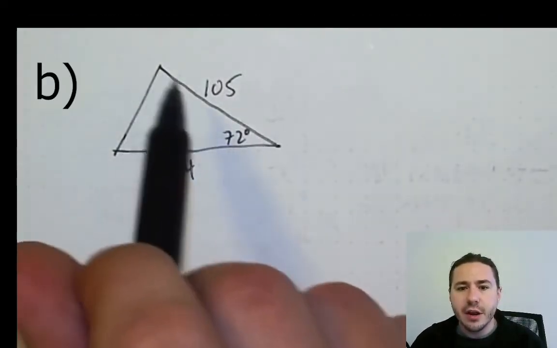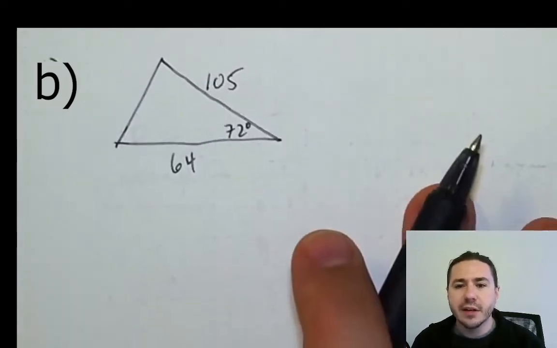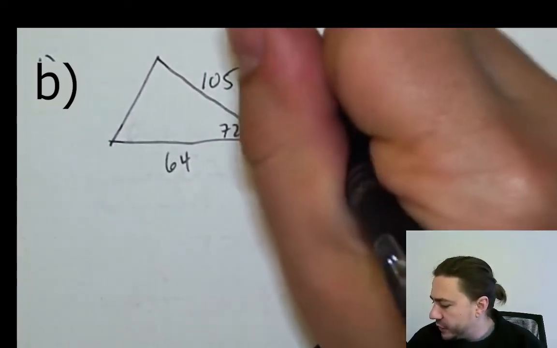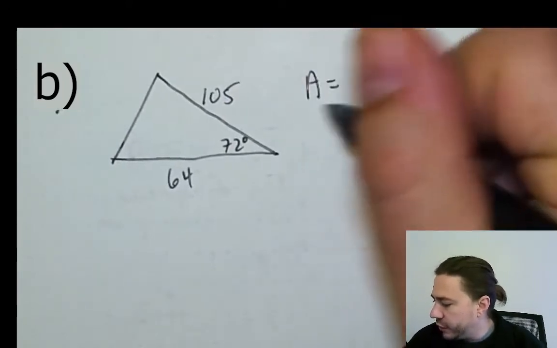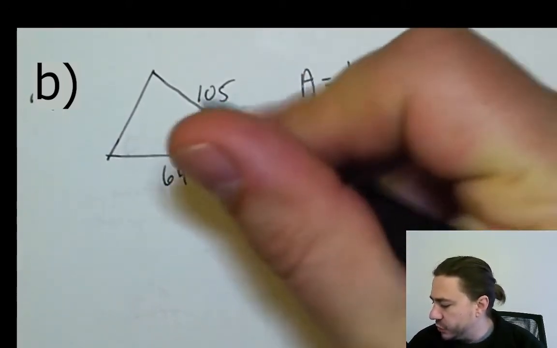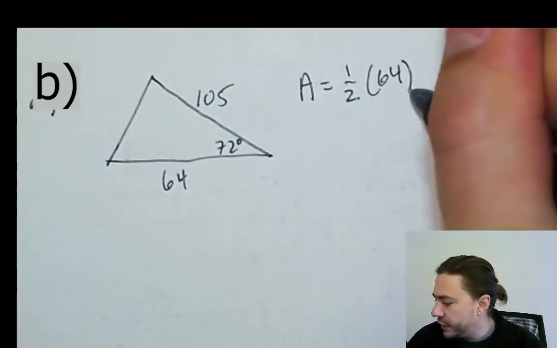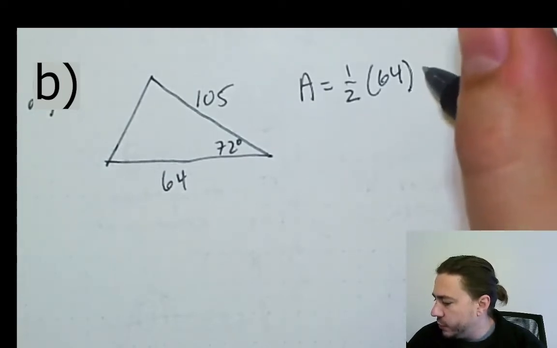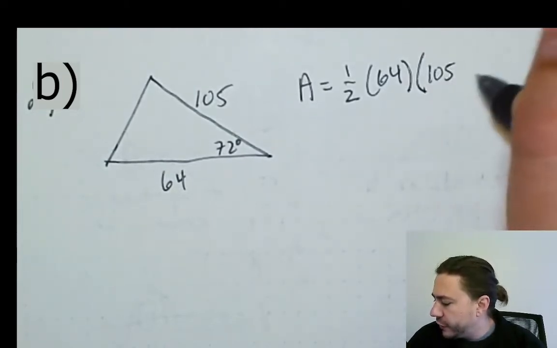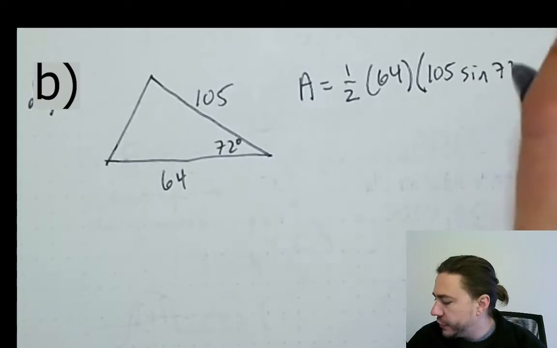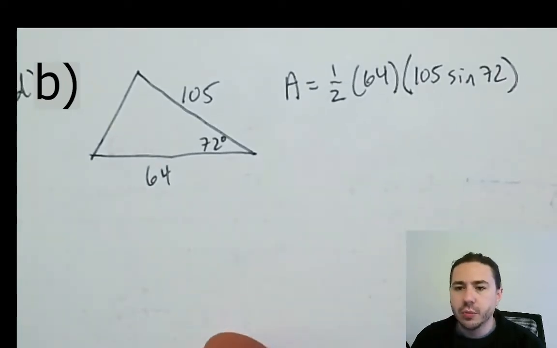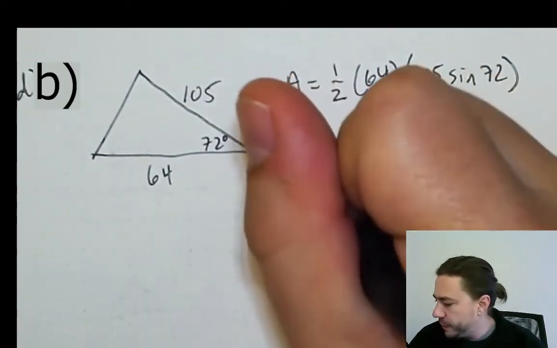D is yet another one of these side angle side scenarios. So we'll just go ahead and set it up. The area equals 1/2 times the base, which I'll use 64. This one's set up a little nicer, times the height, which would be 105 times the sine of 72. So we're going to put all that in the calculator.